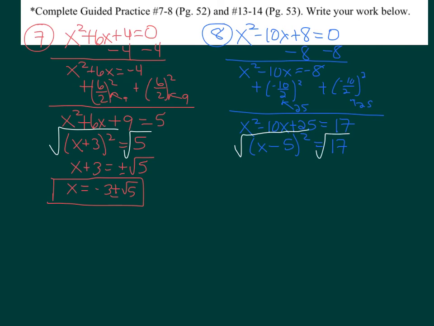So I square root both sides, and I have x minus 5 equals plus or minus the square root of 17. Again, 17 is prime, so I don't have to worry about breaking it down. I just finish it off by adding 5 to both sides. And so I get 5 plus or minus the square root of 17.